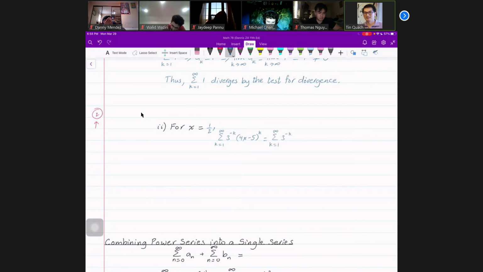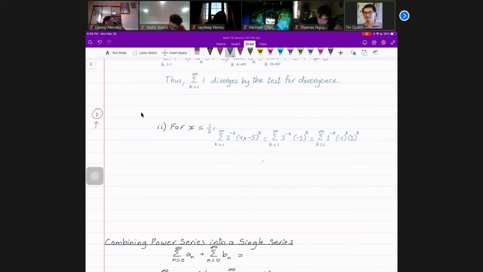When x is equal to 1/2, so 4 times 1/2 is 2. 2 minus 5 is negative 3. Okay, so that's negative 3. And you can rewrite negative 3 to the k as negative 1 to the k times 3 to the k. So what do you have?